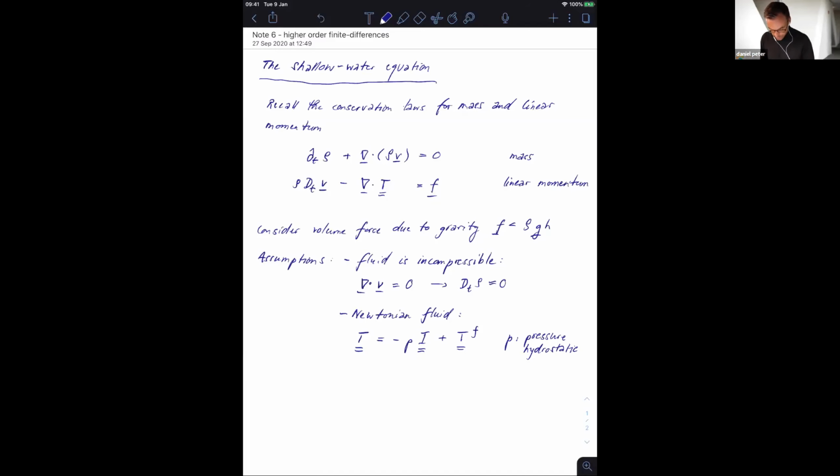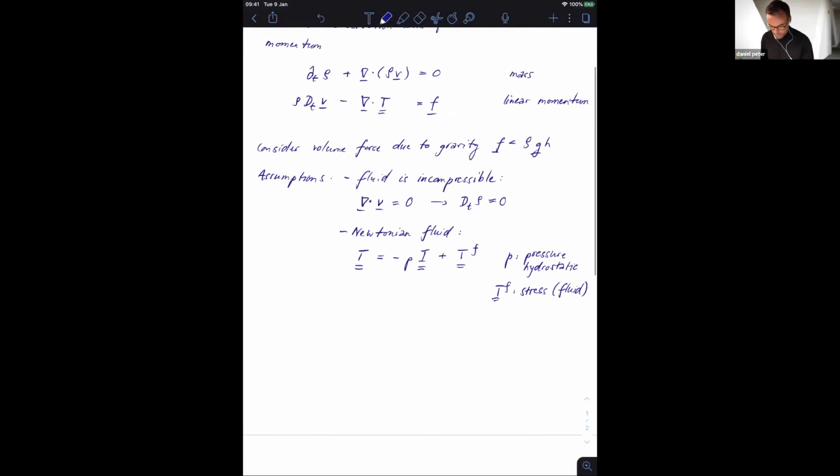And then TF is the fluid stress, which is due to the viscosity of the fluid. If we can write the stress in such a way that it's the sum of a hydrostatic pressure stress plus a fluid stress, then this is called a Newtonian fluid.